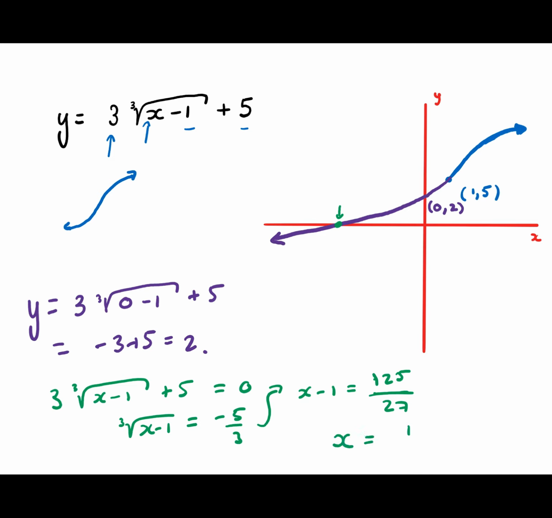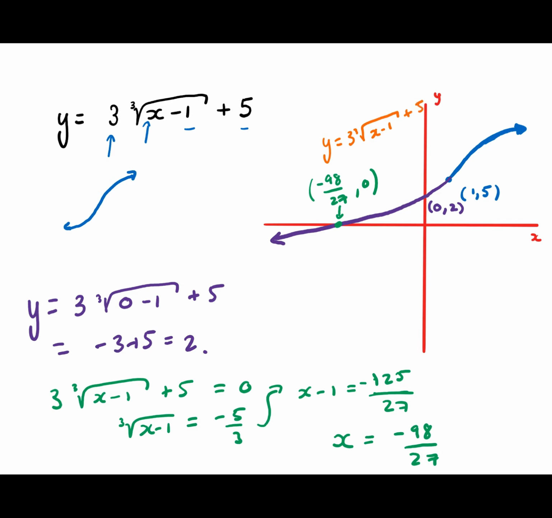So adding 27 on 27 gives me negative 98 on 27. And so we've got negative 98 on 27, and 0. As usual, make sure that we label x and y, and the equation y equals 3 times the cube root of x minus 1, plus 5.